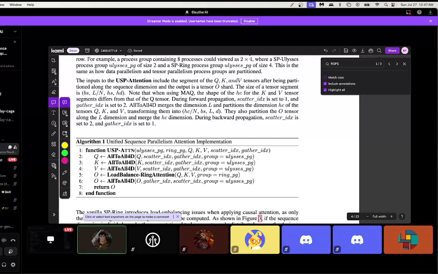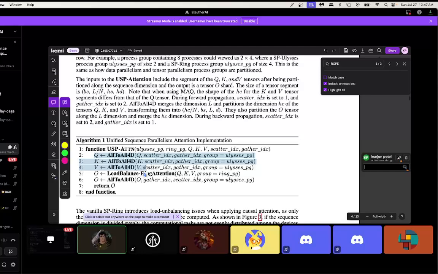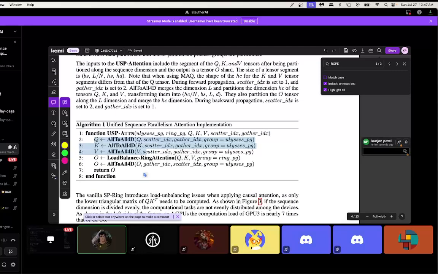So in this algorithm, steps 2, 3, and 4 are basically to transition from pure sequence parallelism to Ulysses sequence parallelism. If you remember, in Ulysses sequence parallelism, we do an all-to-all to go from sequence sharding to head sharding.